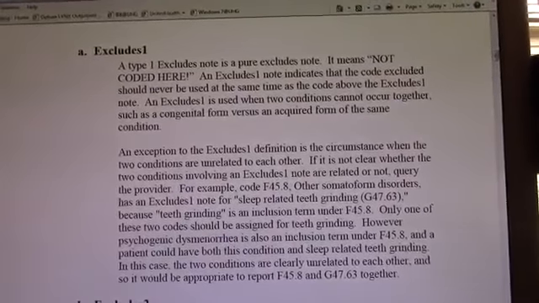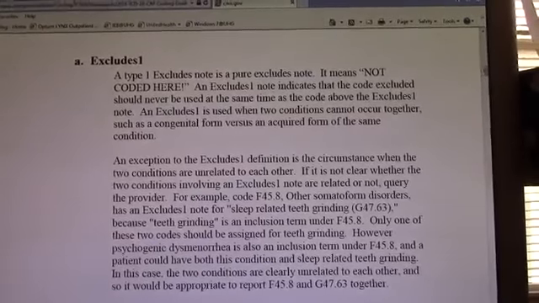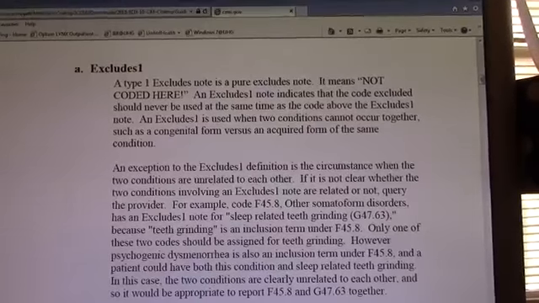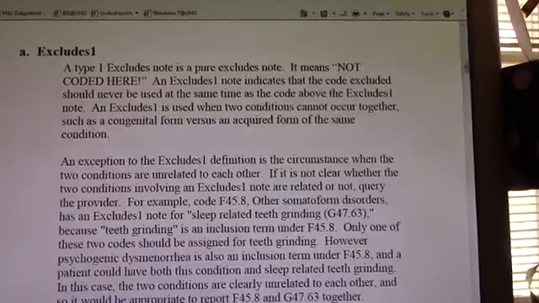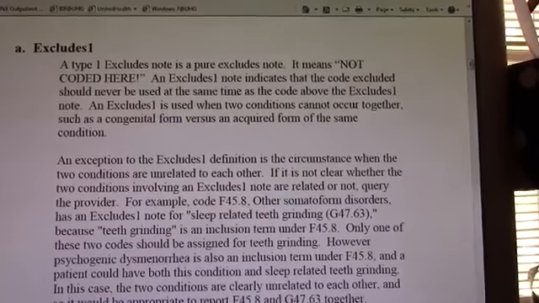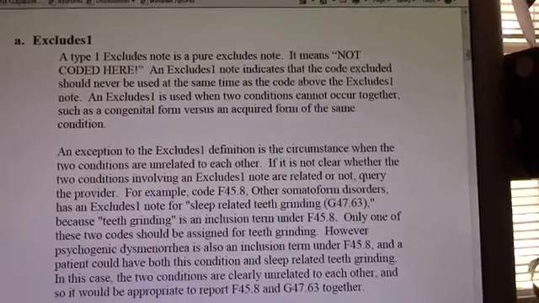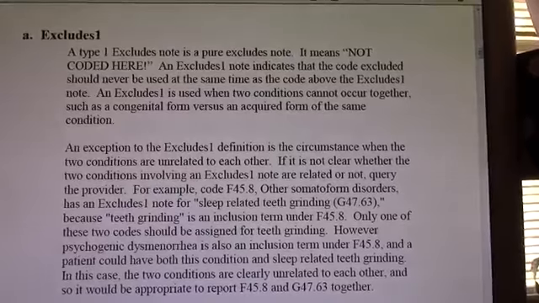So for example, code F45.8, other somatoform disorders, has an excludes note for the sleep-related teeth grinding, which is code G47.63. Because teeth grinding is an inclusion term, meaning it's included under F45.8, only one of these codes should be assigned for the teeth grinding.